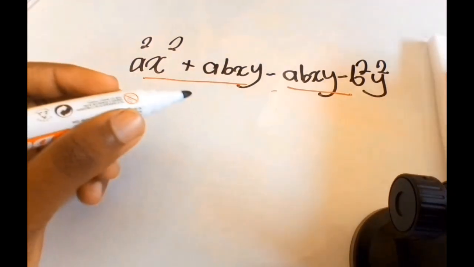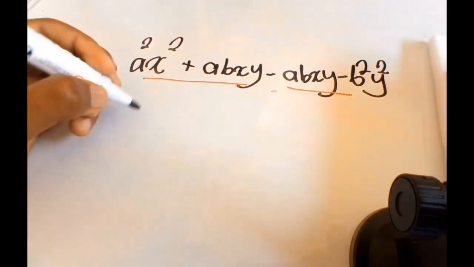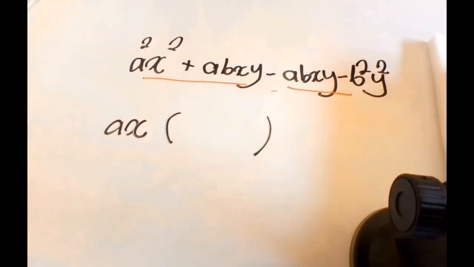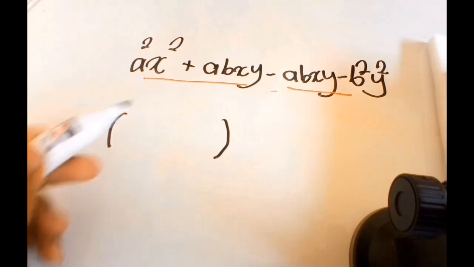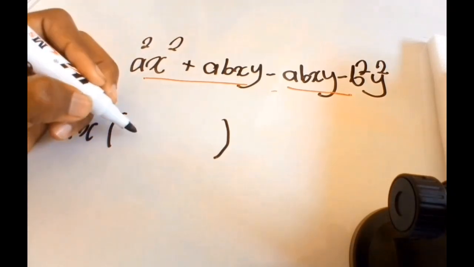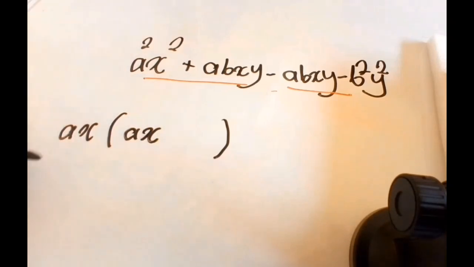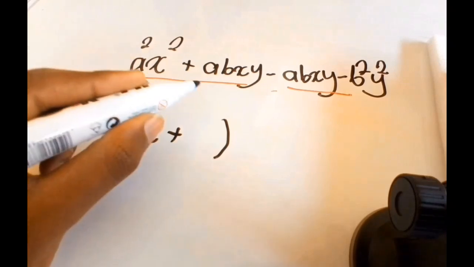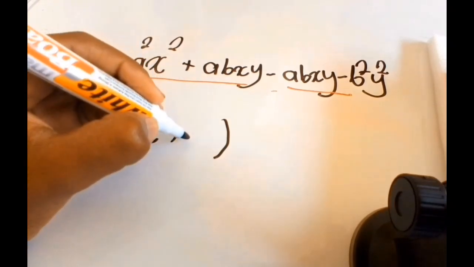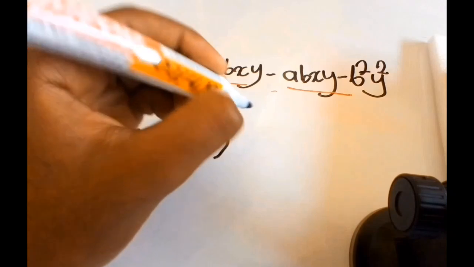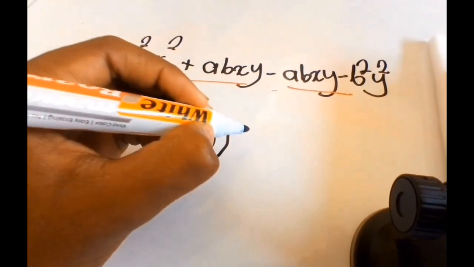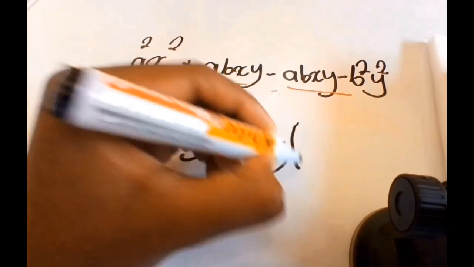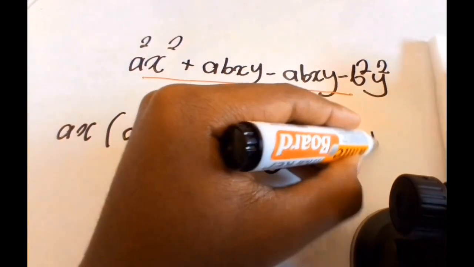When we factorize this part, the common factor between the two is ax. Introduce the brackets like that, and now we say ax into a squared x squared, that would be ax. And then ax into abxy will be positive; the a cancels and the x cancels, so it will be by. And then on the other side, the common factor between the two is negative by. We put the brackets like so.